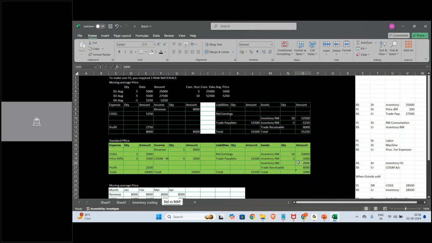Is this increase decrease in stock? He's asking. Increase decrease in stock is not the one. It will go to the production variance and price variance. I can check and let you know. So we will not change the standard price, right? We will show only this way, but we will not change the standard price.